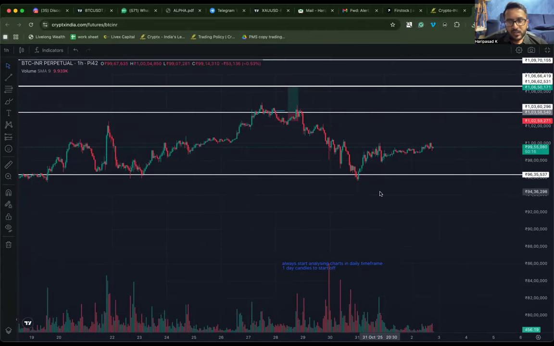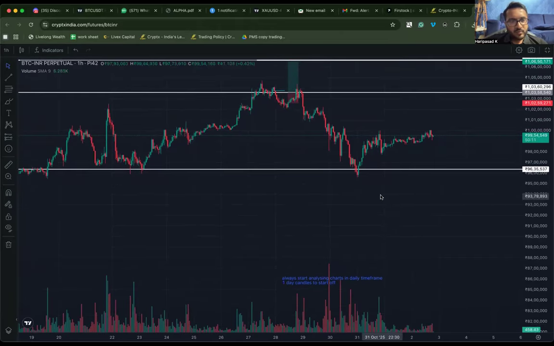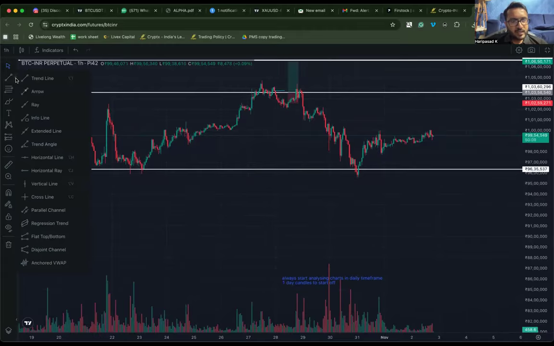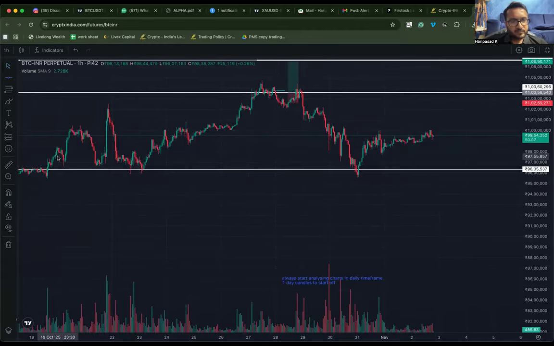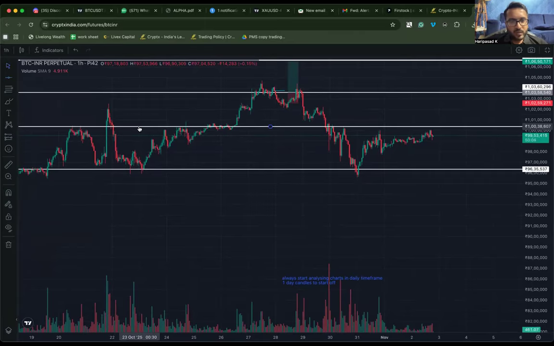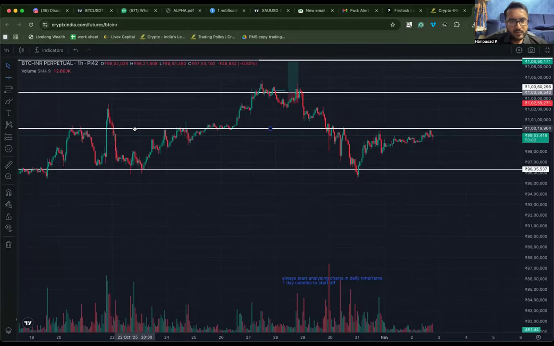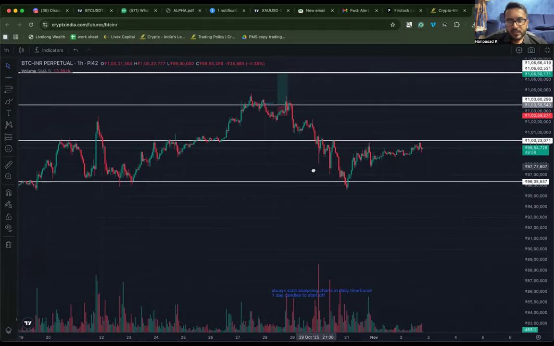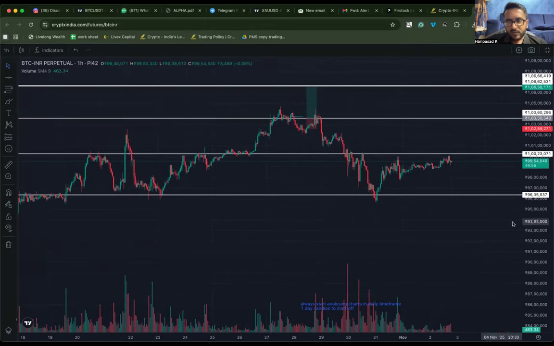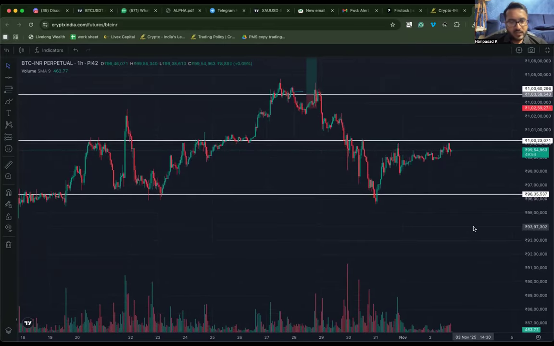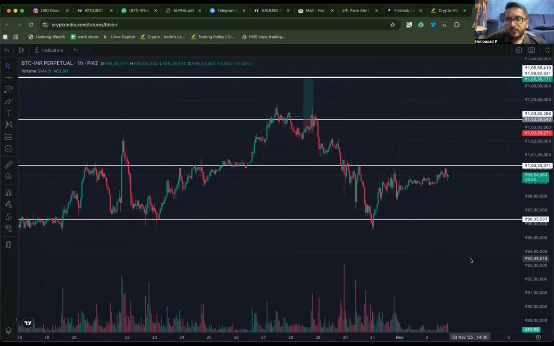If I look into the hourly time frame charts of Bitcoin right now, there are some other levels that I can watch out for. I could probably mark a level over here. Can I say that this is a resistance for Bitcoin?